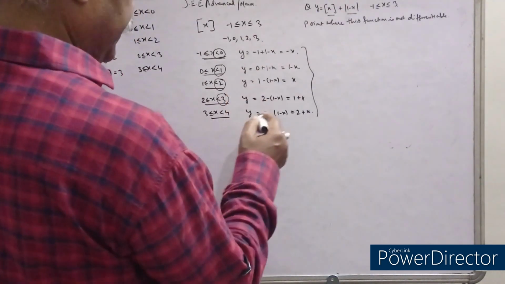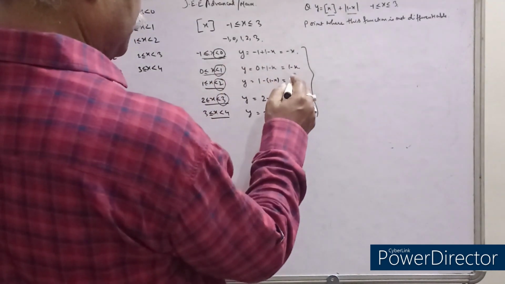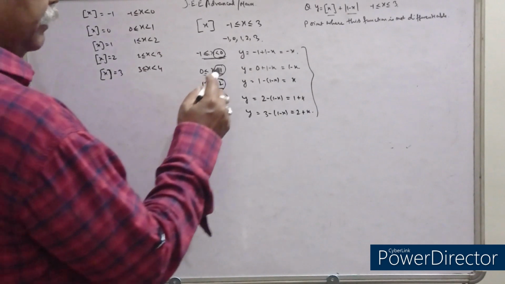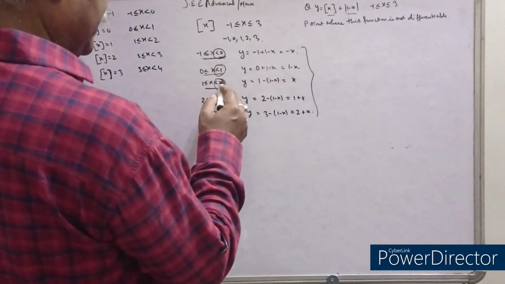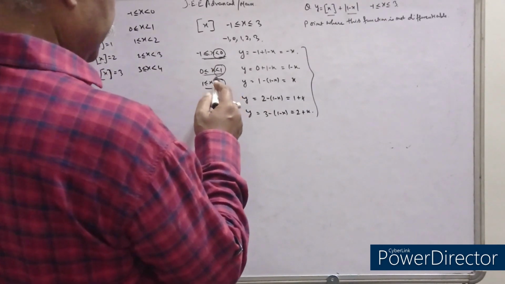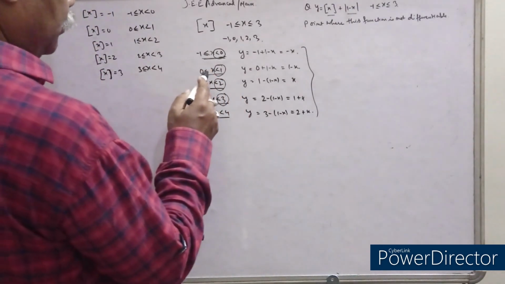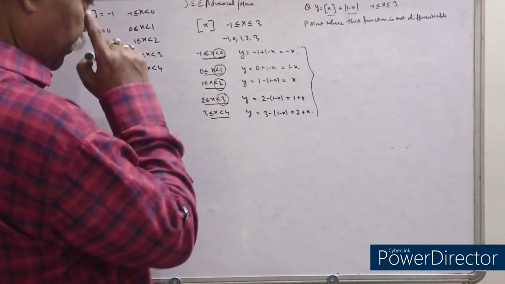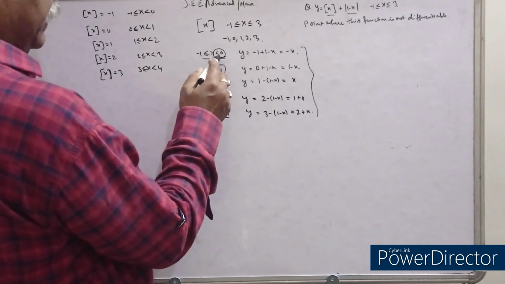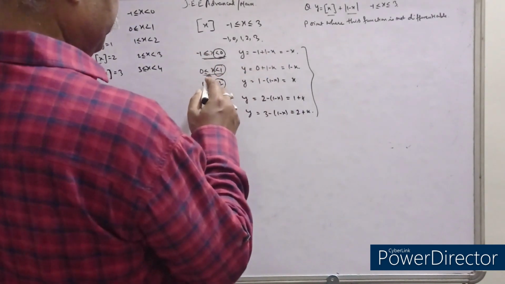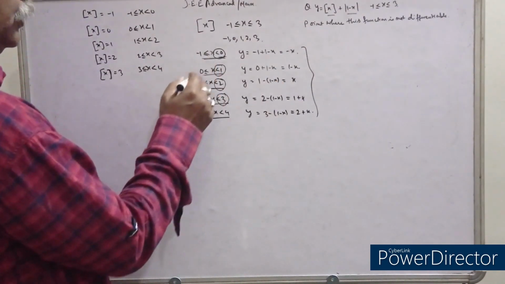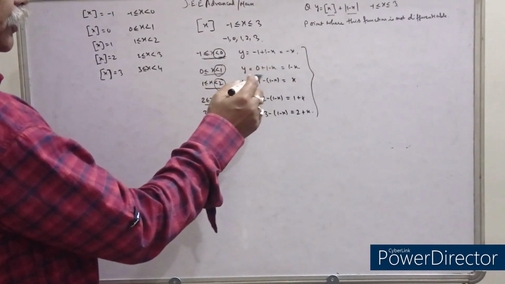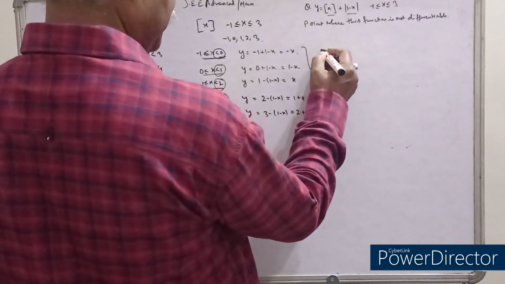So here we find that at 0 there are two functions, from the left hand limit as well as the right hand limit. Here at 0, less than 0 it will be this function, and greater than 0 it will be this function. So we can conclude that at 0 the function is discontinuous. I can check it for you.